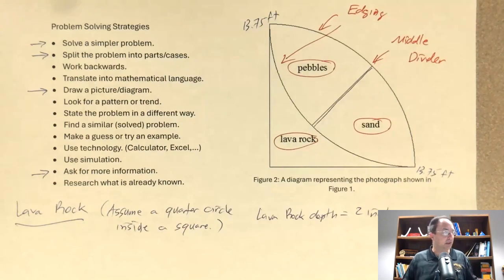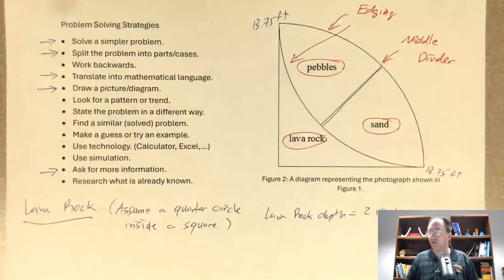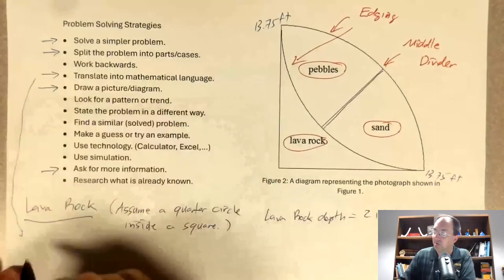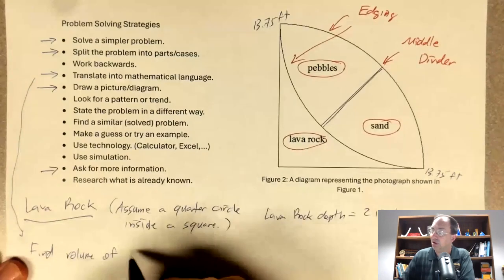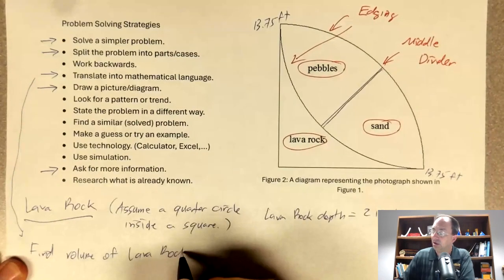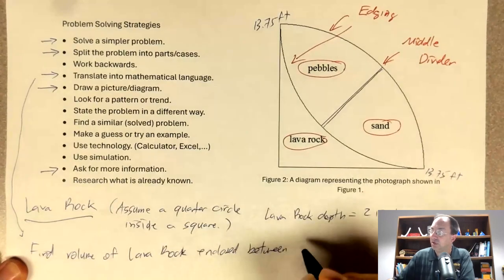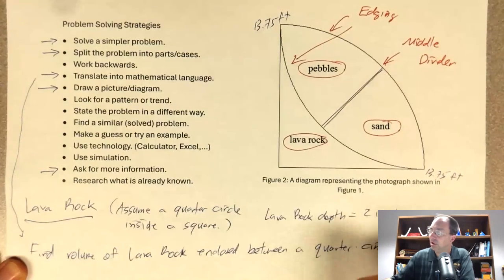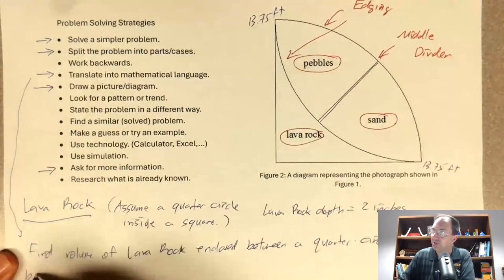All right. What's next? Well, now we can translate our question into mathematical language. And so basically what we want to do is find the volume of the lava rock enclosed between a quarter circle and the boundary of a square.